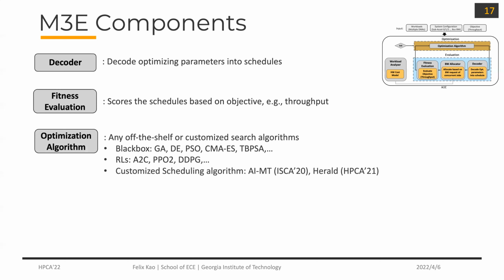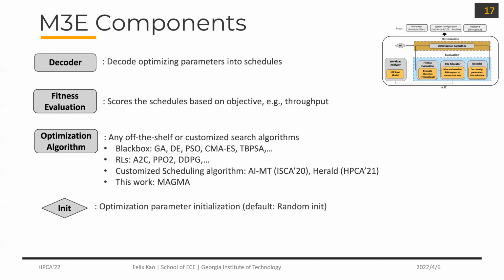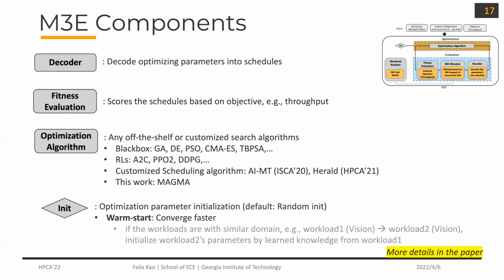It could also be a customized scheduling algorithm like AMT or HARMONY. In this work, we use MAGMA. And finally, initialization. We use random initialization as default, but we also have a technique called warm start, which will let the algorithm converge faster. If you want to know more detail, please look at our paper.